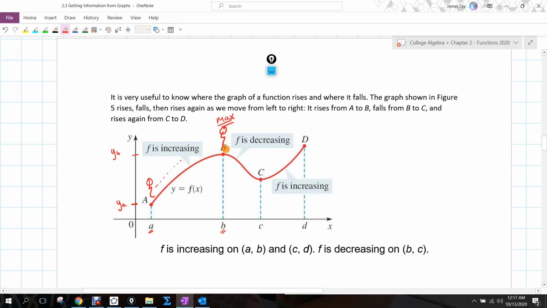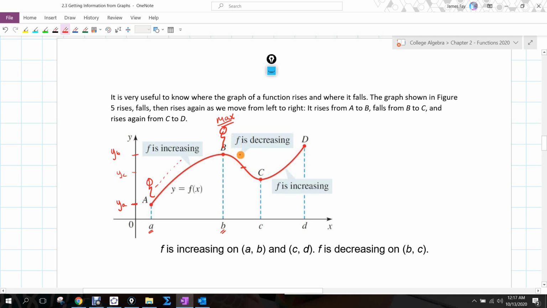But now if I continue to go at this point, so I look at y sub b, and now going this way, if I look at a y sub c now, from b to c, our y values are getting smaller. So in this interval, we're decreasing. Think about walking.